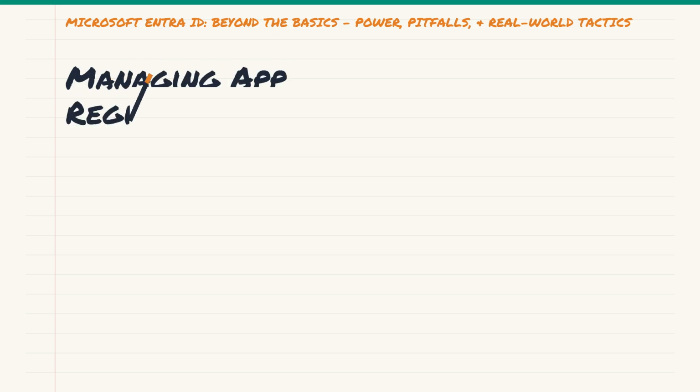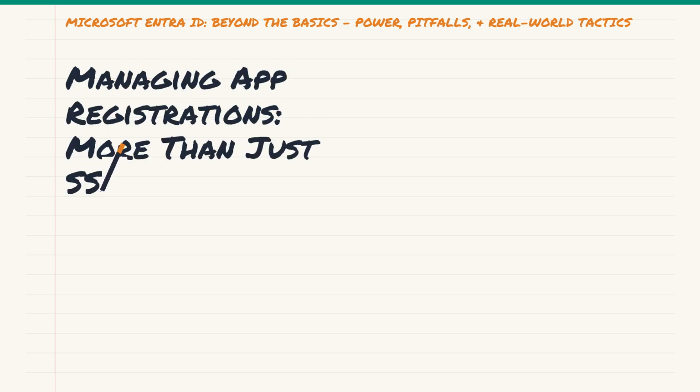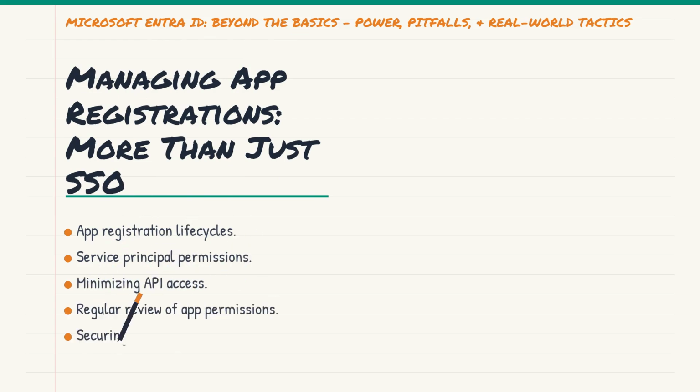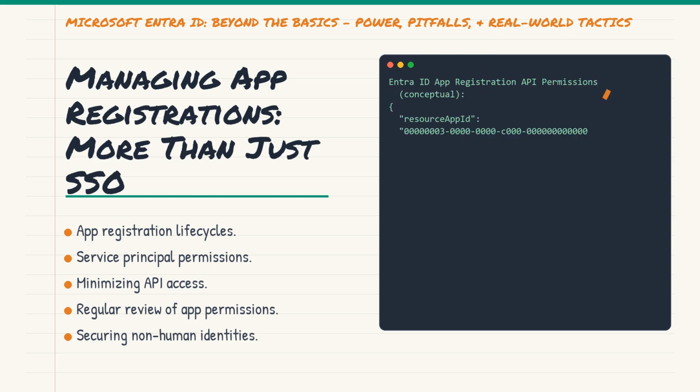When you integrate an application with Entra ID, whether for SSO or API access, you create an app registration. This is a critical piece of the puzzle. It defines how the application authenticates to Entra ID and what permissions it has. Mismanaging app registrations, like giving applications excessive API permissions or not revoking them when an app is decommissioned, is a significant security risk.